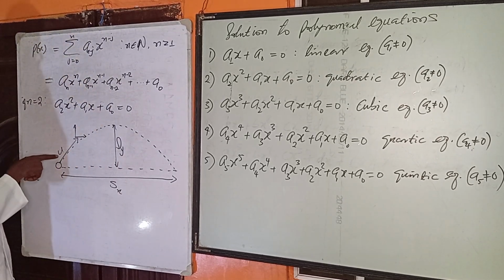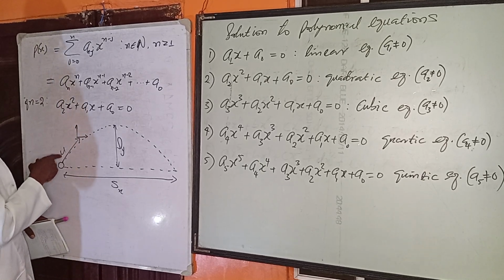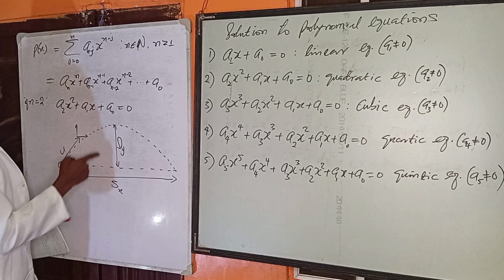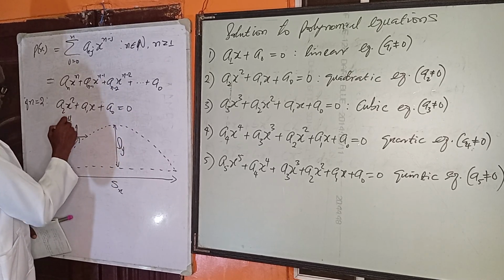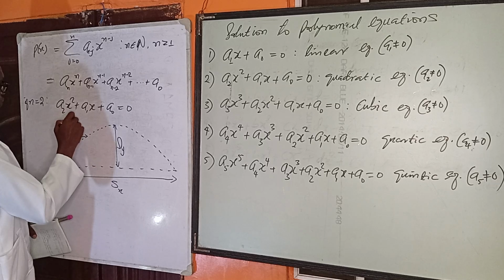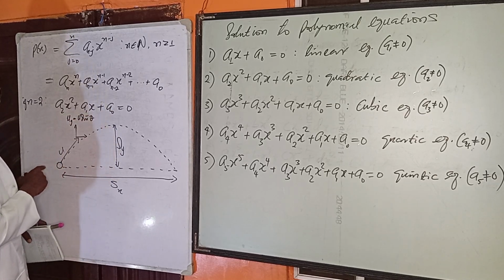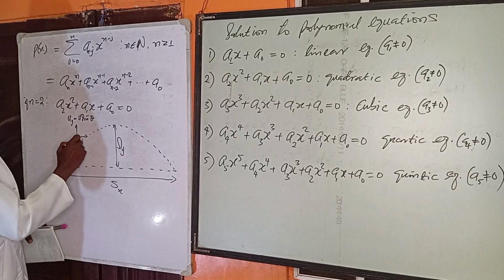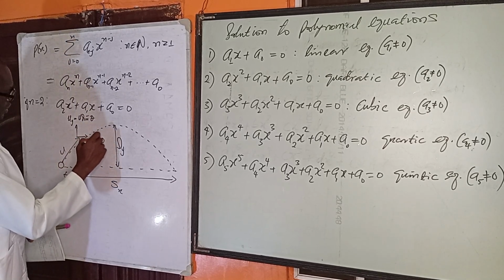Now, the vertical component of this initial velocity that makes this particle cover a vertical distance is given as uy is equal to u sine theta, where the horizontal component ux is equal to u cos theta.